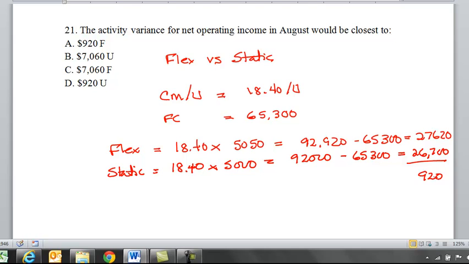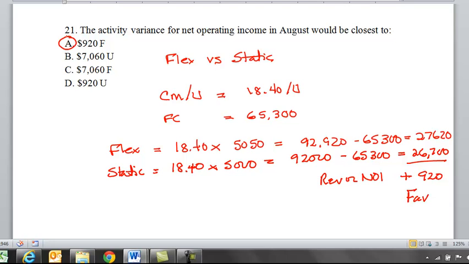It's 920. What you want to remember is, revenue or net operating income, if it is positive after taking flex minus static, then that's going to be favorable.